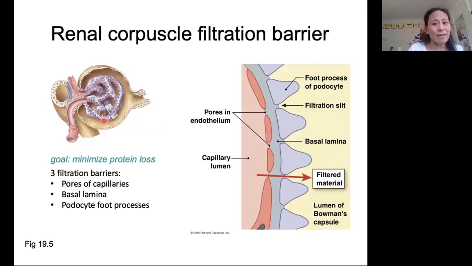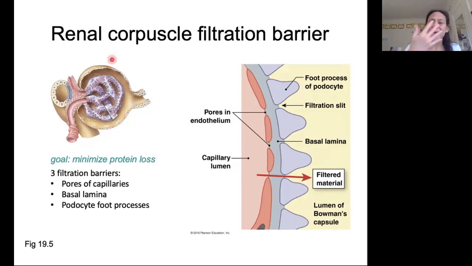At the same time, we want to minimize protein loss, okay? We don't want proteins to move into Bowman's capsule because we don't want to lose those proteins to the external environment. We don't want to excrete them as urine, so we want to keep those in our bodies. So we're going to try to let water and solutes move through from the glomerulus into Bowman's capsule without letting proteins through, okay?